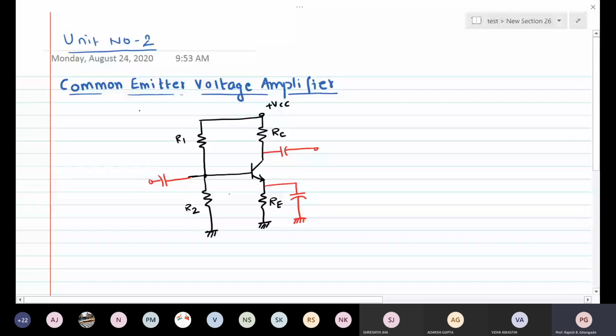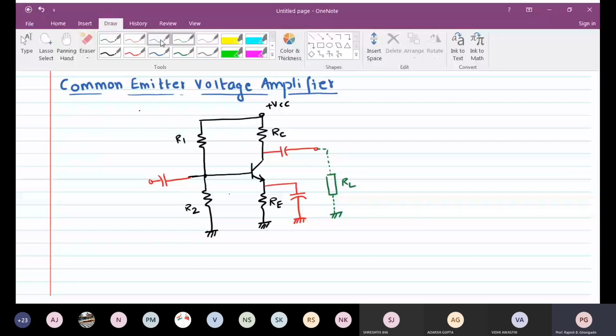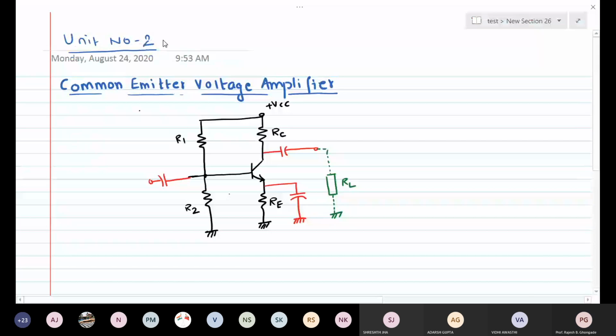Most of the times I show the load with a box like this, because this can be a resistive load or it can be a capacitive load. Call this RL. Here we get the output VO.